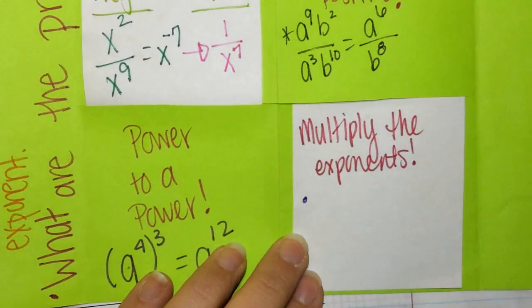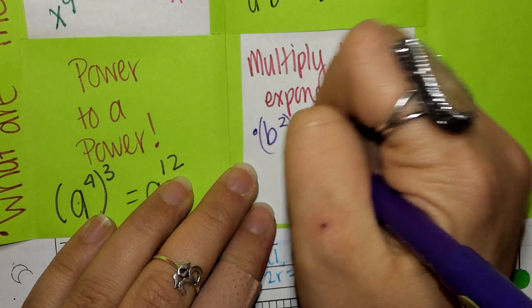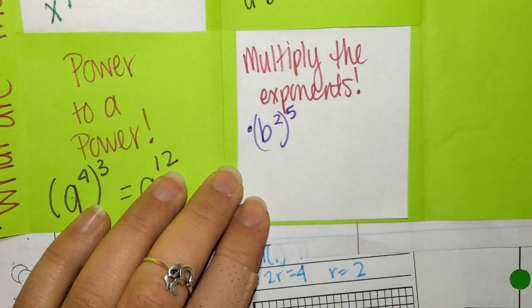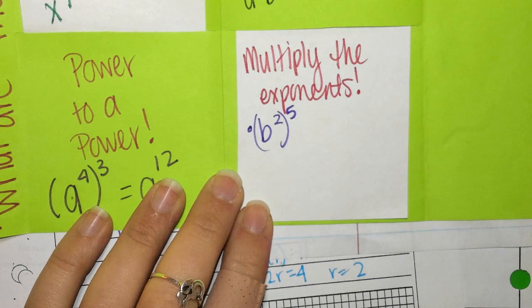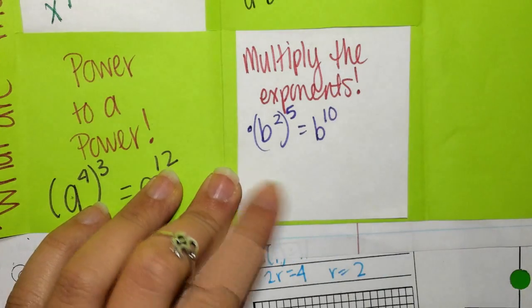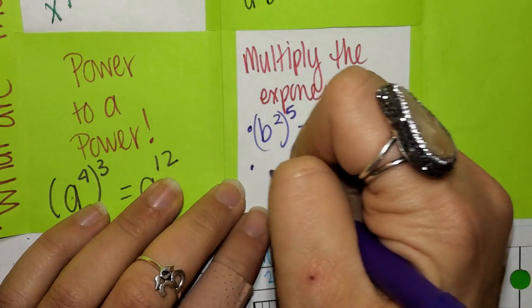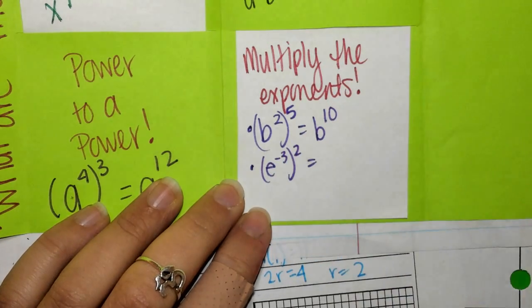Alright, what if I said b squared to the 5th? B to the 10th power. Alright, what if I said e to the negative 3 squared?